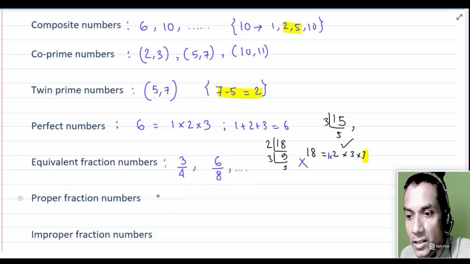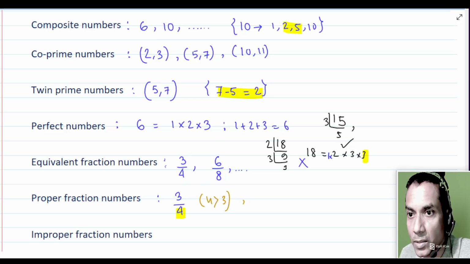Then proper fraction. What are proper fractions? A proper fraction is one where the denominator is larger than the numerator. For example, 3 by 4, here 4 is larger than 3. That is the reason it is a proper fraction.